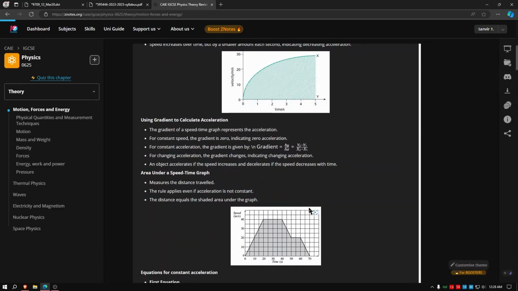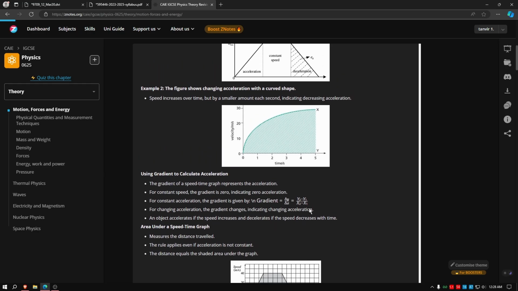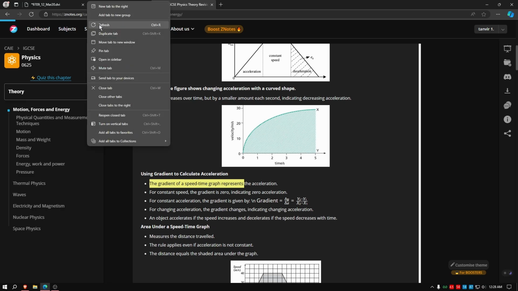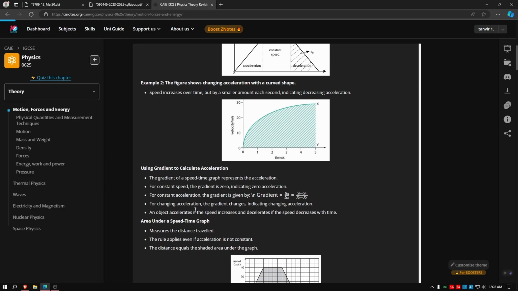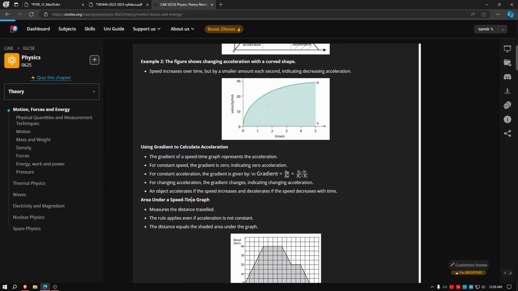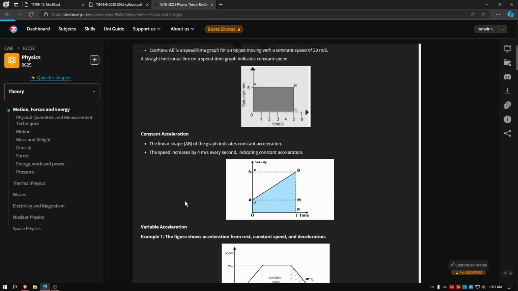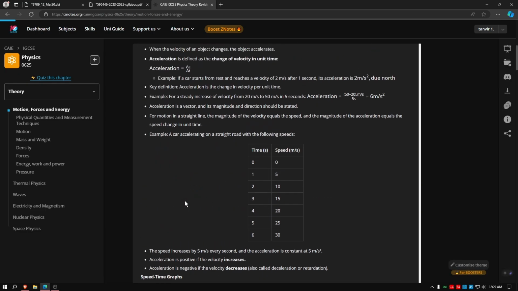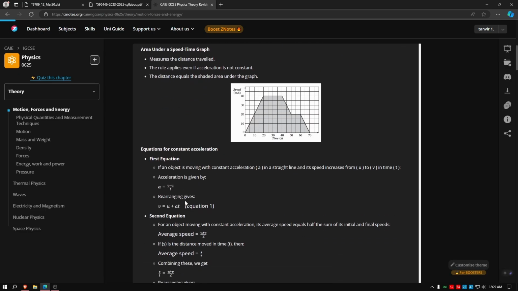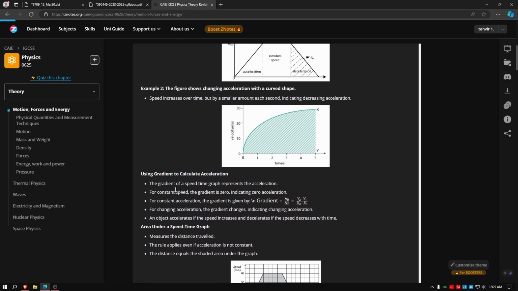So now comes the gradient part. So the gradient of a speed time graph. Okay, speed time graph is this, and we'll get into distance time a bit later. So speed time graph, gradient.